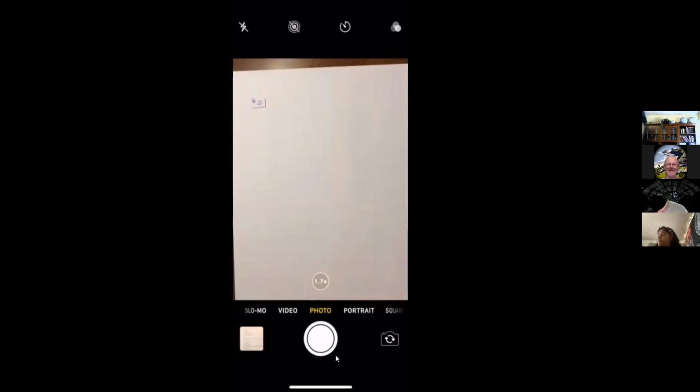Well, maybe it'd be good to use this up. This is supposed to be nicer paper. I don't like it. It's a mistake to buy this paper here. Let's see if the autofocus comes in a little better. Okay.